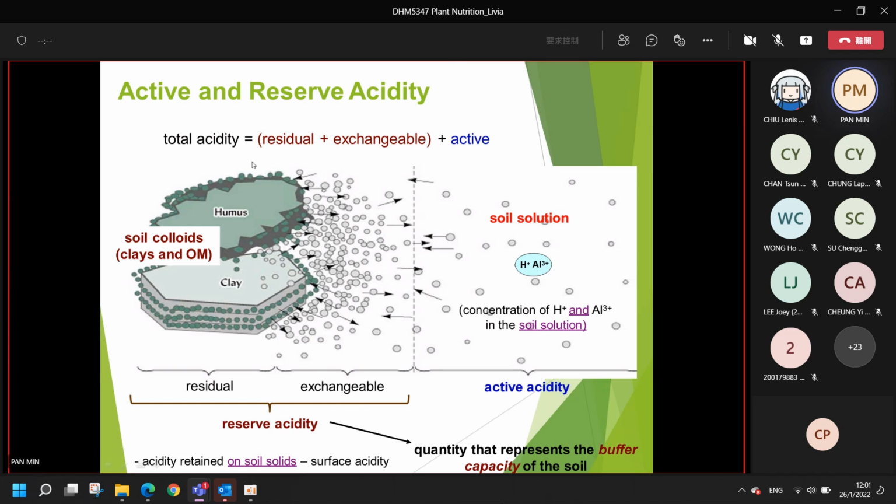The total acidity is the reserve, which is changeable, and the part that is active is the part for the pH measurement. When you extract the soil with a solution, water or other acid, you can measure the soil pH, so it is the active acidity.